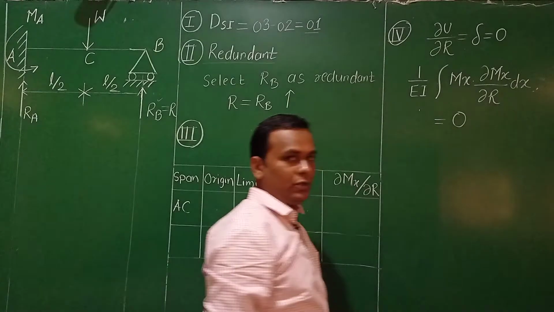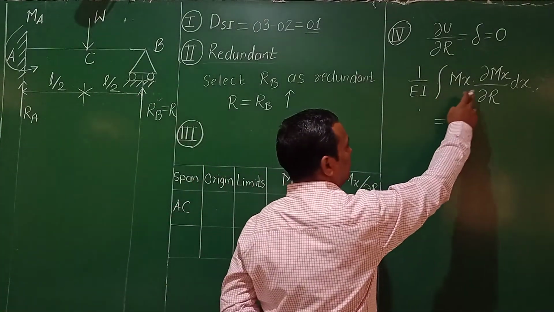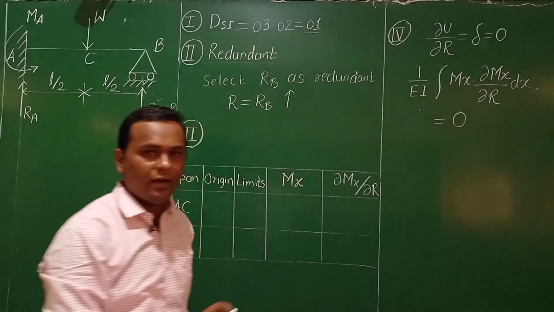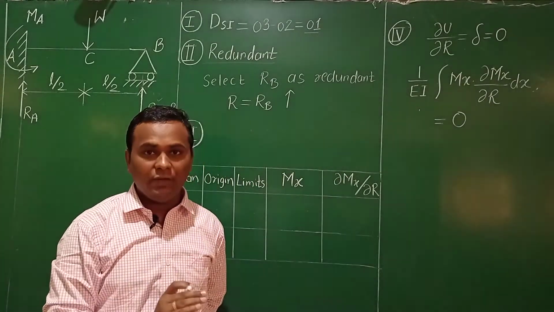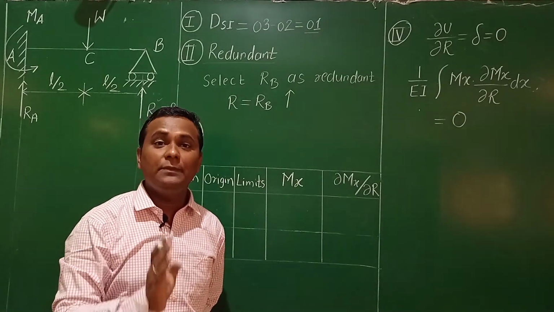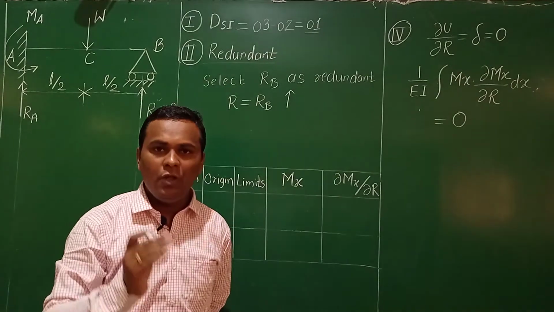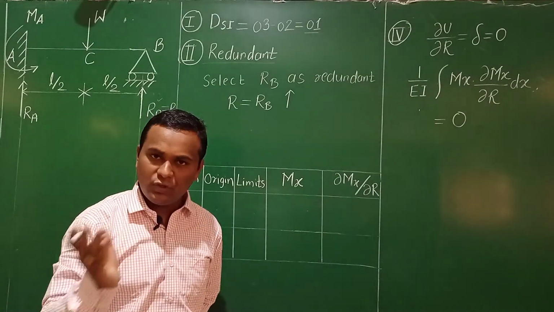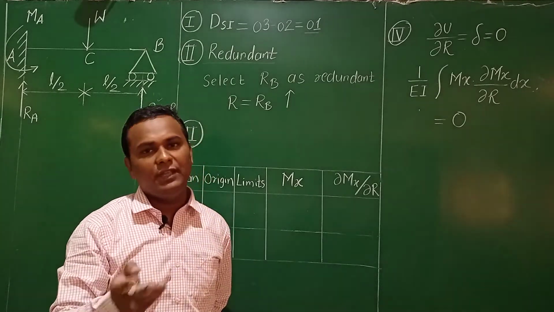So if we see this equation, first of all we need to find Mx. Mx is nothing but the bending moment at a section, and then we take the partial derivative of the equation of bending moment with respect to the redundant, and by putting in the limits we can solve it.